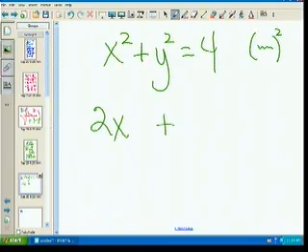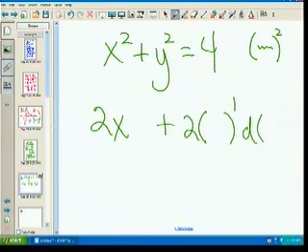It's something squared, right? What's the derivative of something squared? 2 times that same something to the first times the derivative of that thing. Is that true? Yep.